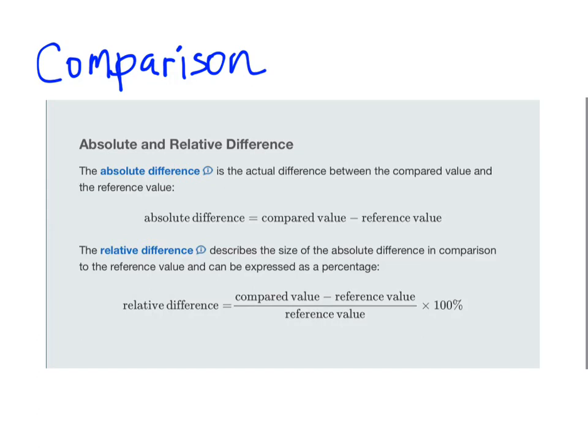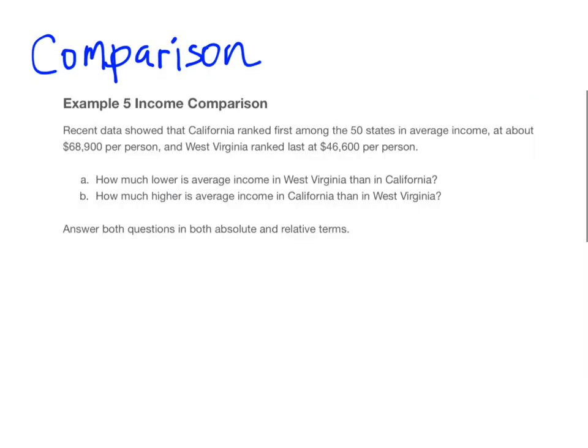Those can sometimes be interchangeable, so it just depends on the context and which comparison we want to make. But the absolute difference is still just a subtraction. It's the difference between those two things. And then the relative difference is a percentage, and that's comparing that absolute difference back to whatever the reference value is.